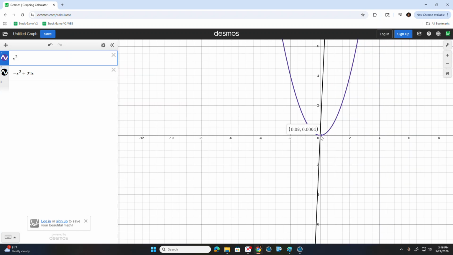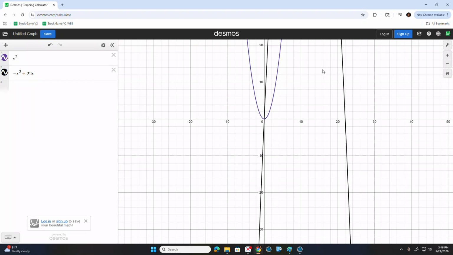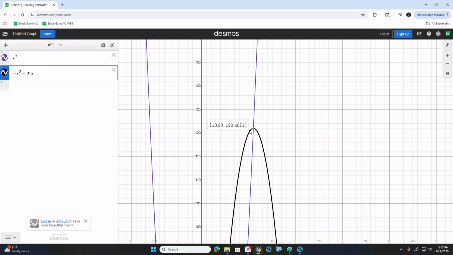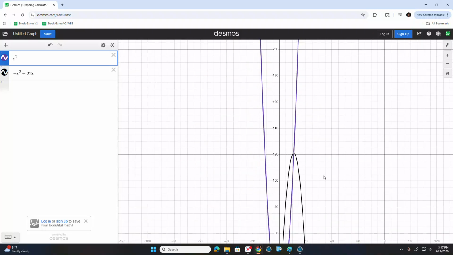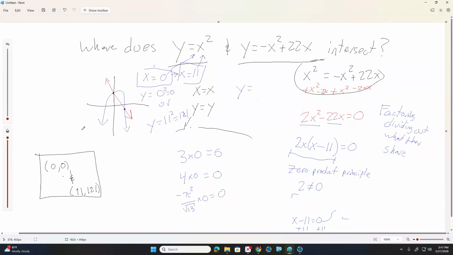It's where the purple line is traveling through and the red line is traveling through. And what about this other one? Kind of got to move around the page. But you can see right here, the black line goes through it, the purple line goes through it, (11, 121). If we scroll out, we might be able to get both of these at the same time. So, I think we were able to find them.